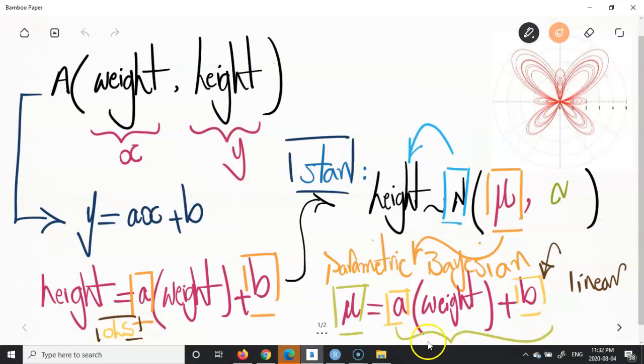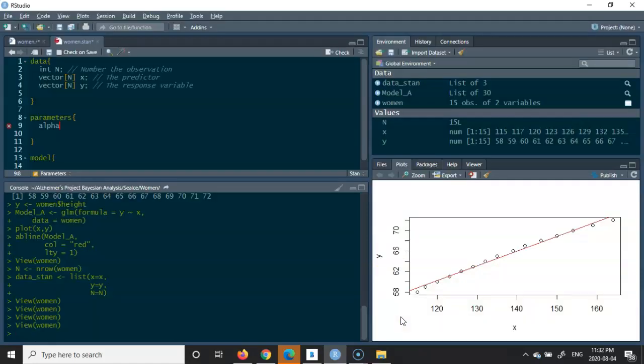If I had A here, something close to that alphabetically is alpha. A and alpha sound so close. If I call the parameter which defines the slope of my model alpha, then I know it's going to be a real number. It's crucial to distinguish that in the model that we have.